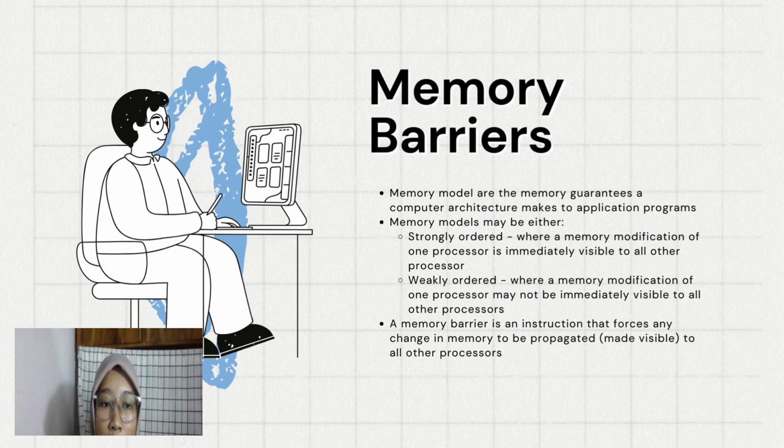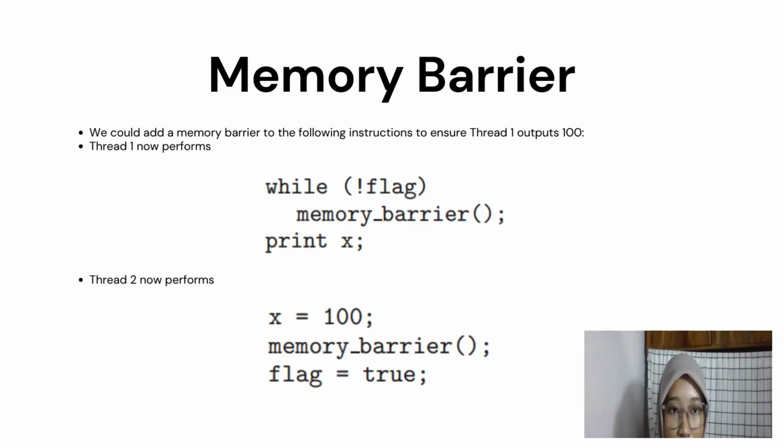A memory barrier is an instruction that forces any change in memory to be propagated, or made visible, to all other processors. We could add a memory barrier to the following instructions to ensure thread 1 outputs 100.